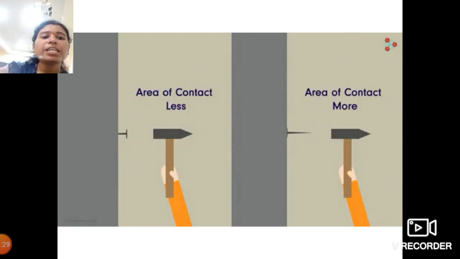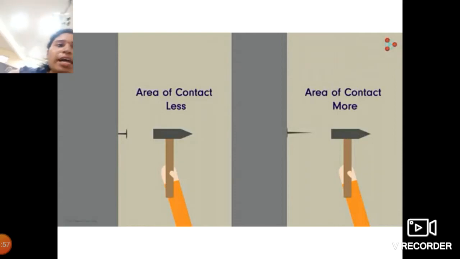Hence the area of contact of this nail with the wall is very less, so that we can say that the pressure is high there.